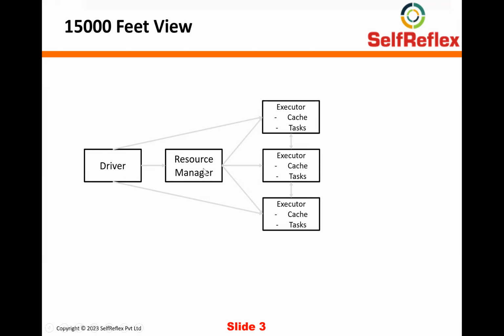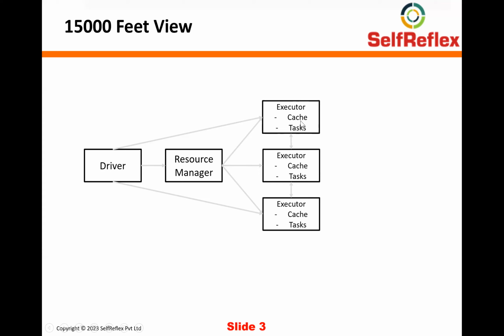But then Spark takes help from a resource manager, and then there are a lot of data nodes or worker nodes where Spark is going to run the logic. And on every worker node, there are executors that are going to run. In every executor, Spark is going to schedule some of the tasks with the help of the resource manager, obviously.